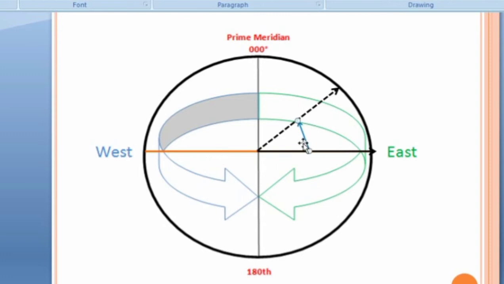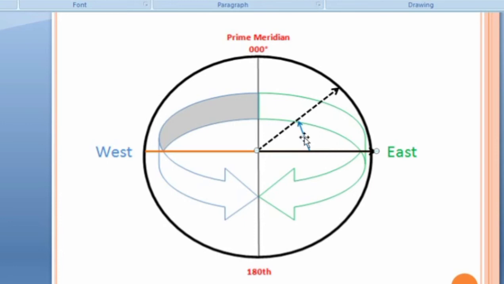So we are going on a counterclockwise direction, which means that we have less than 90 degrees. Because if we were going on a clockwise direction, it would be much higher than the value of the longitude of origin.